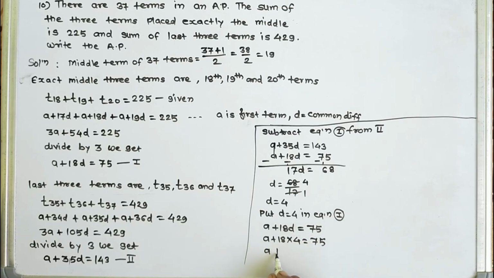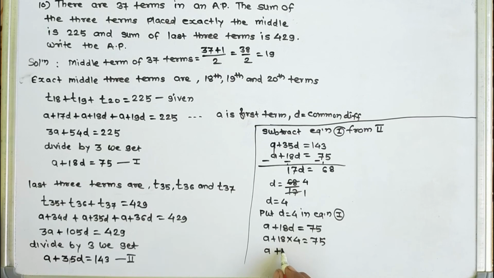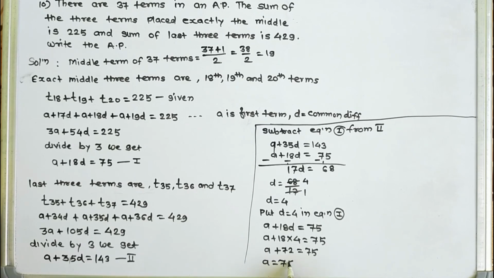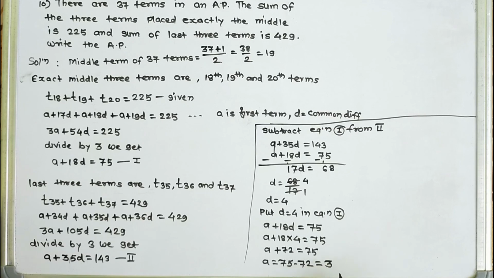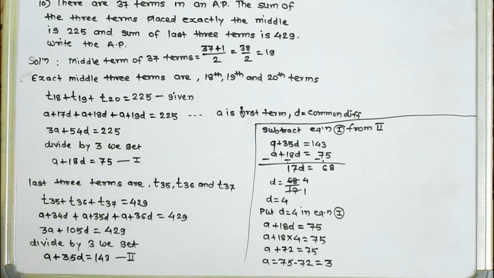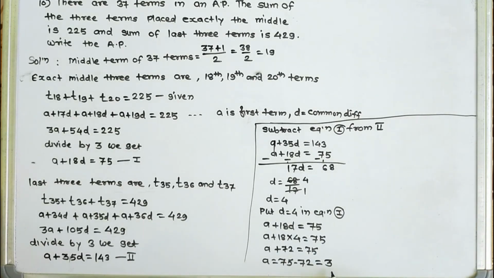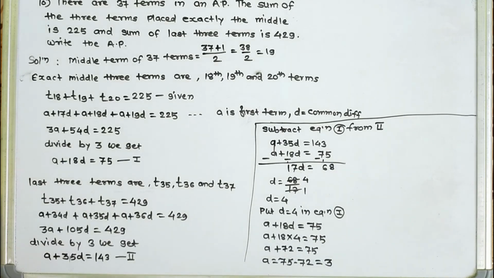So a plus 72 equal to 75. So a will be equal to 75 minus 72, which will be equal to 3. So here we have a equal to 3 and d equal to 4.